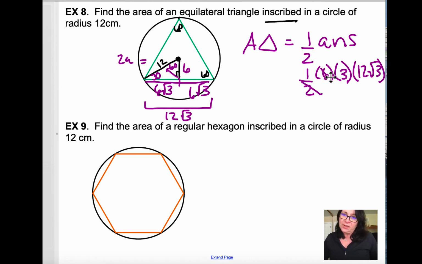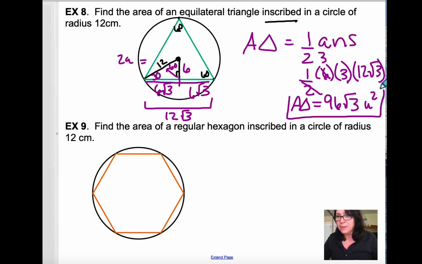So 2 divides into 6 3 times. 3 times 3 is 9. 9 times 12 is 96. And then 96 root 3 units squared is the area of my equilateral triangle. And that's all they wanted to know. Okay.